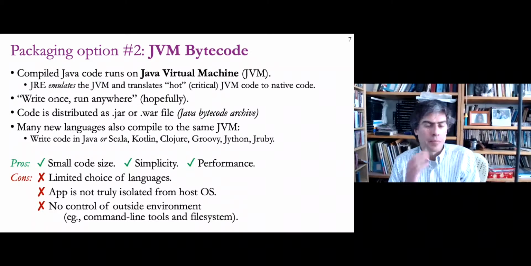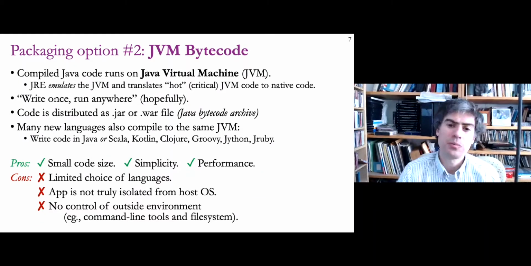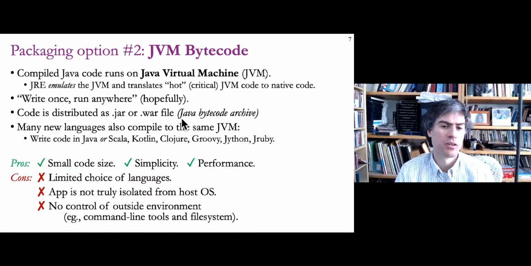Okay. The third option here, which I'm calling option number 2, is to distribute JVM bytecode. So bytecode, I think I mentioned this in the first or second lecture, is compiled Java code that doesn't compile to CPU instructions, but rather compiles to Java virtual machine instructions.